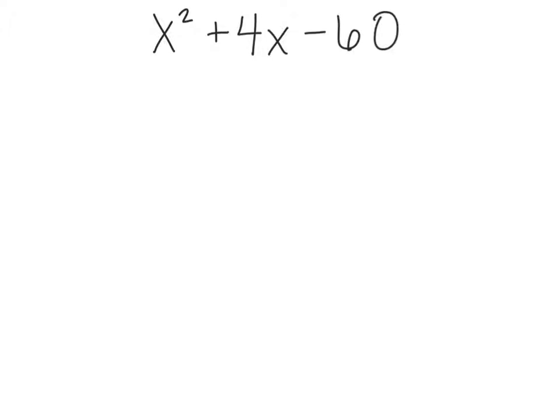And remember, when we factor trinomials with a leading coefficient of 1, we use the diamond. Some people don't, but most of us do. So I'm going to draw a diamond over here. And remember, when we use the diamond, when a is equal to 1, we take our c term, in this case it's negative 60, and we take our b term, which is 4x, or just 4, and we put it here in our diamond.